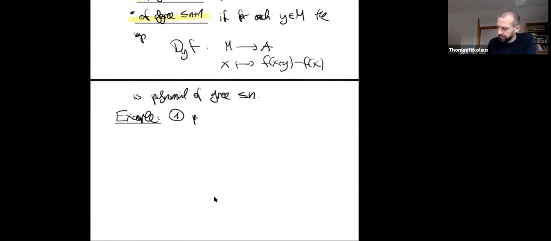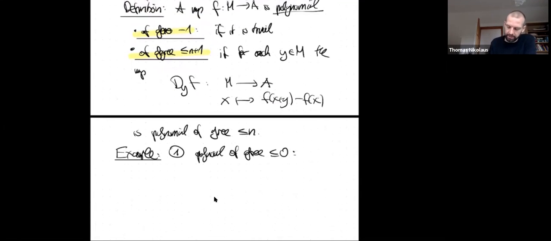And so I guess, what does it mean to be polynomial of degree less or equal 0? Well, let's just investigate the definition. So I guess this just means that for every y, the map f(x plus y) minus f(x) has to be polynomial of degree -1, which is the 0 map. So in other words, for every y, f(x plus y) has to be equal to f(x). Well, that just means it's a constant map.